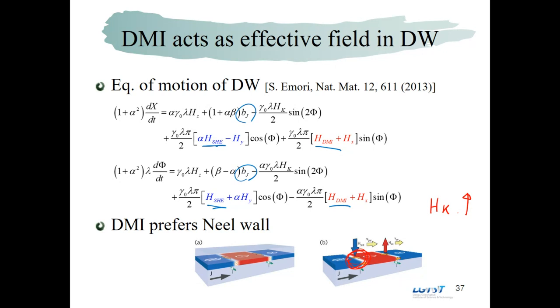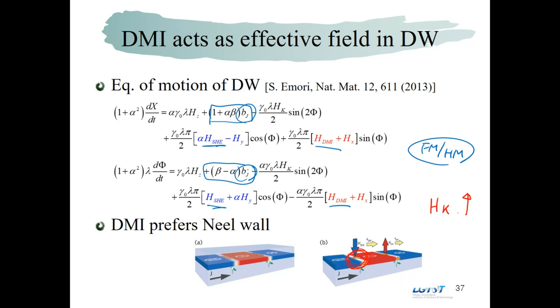So generally, in a heavy metal system, this structure, the contribution of STT is usually not very efficient.